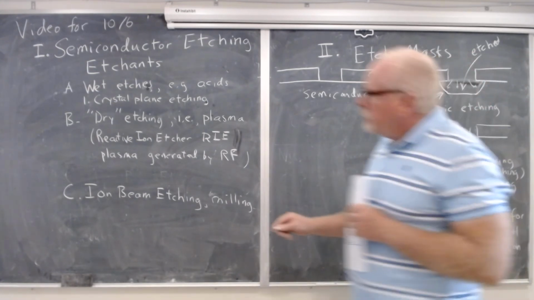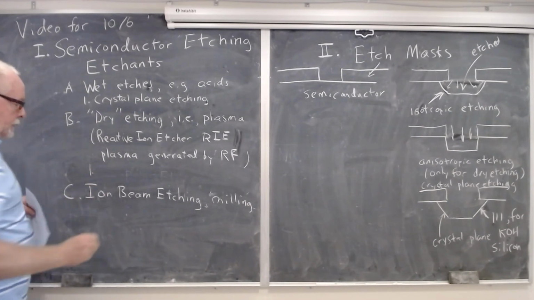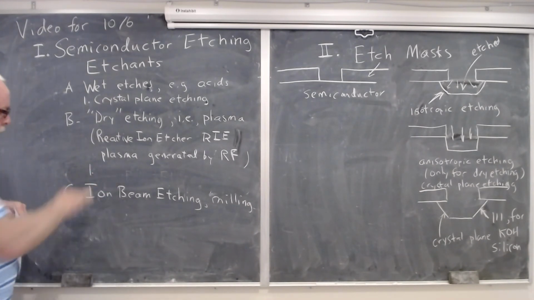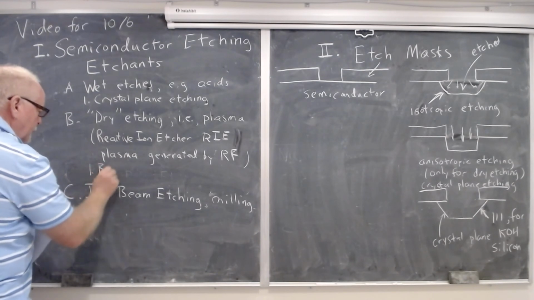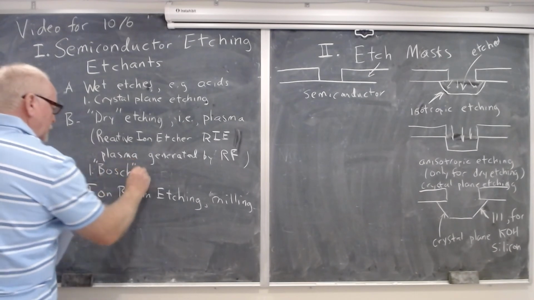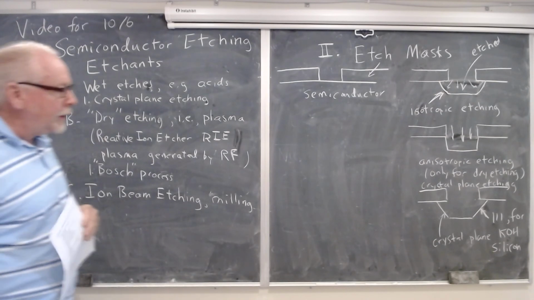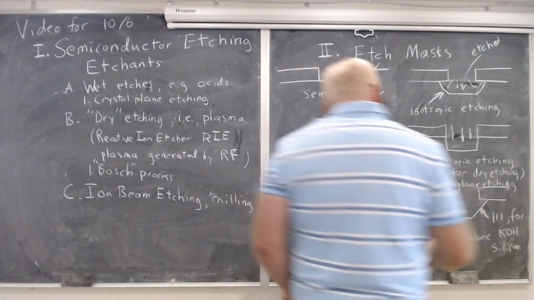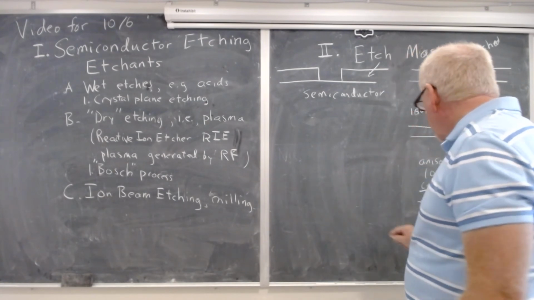And then here under B, there are more things, but I'm going to call it the Bosch process. Okay, and in the Bosch process, so 1, 2, 3, 4, and I'll leave a little space here for my 2 etch masks.